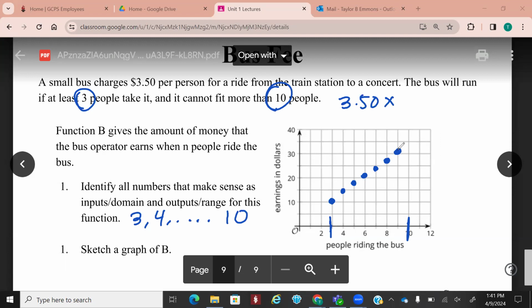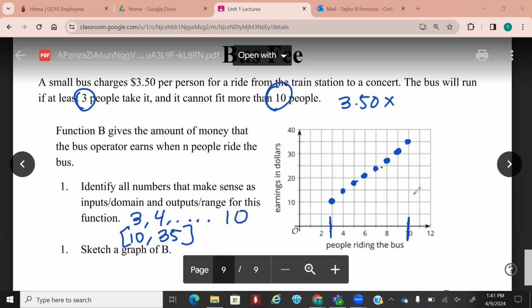And then 10 people. Okay. I'm not going to connect these. Okay. My output is going to be 10.50 to 35. And it says identify all, so you would list all of these different numbers out.